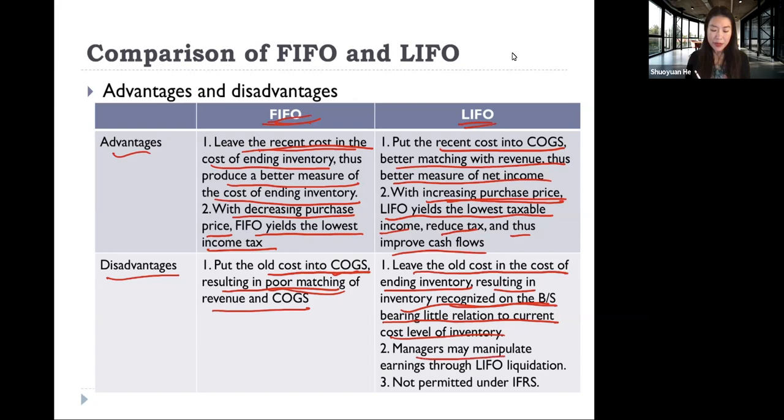And managers may manipulate earnings through LIFO liquidation, which we're going to talk about in a minute. LIFO is not permitted under IFRS, even though it is permitted under US GAAP.